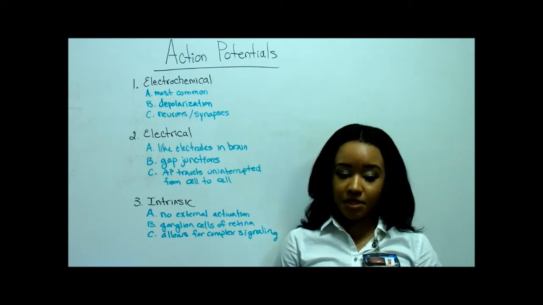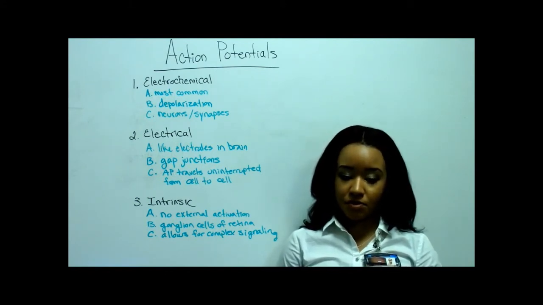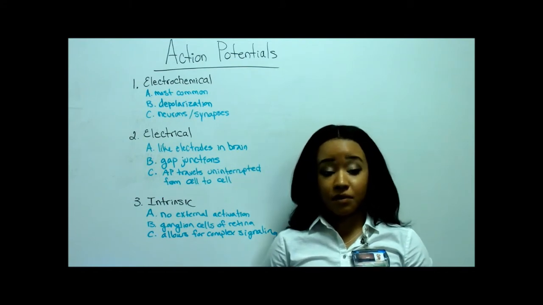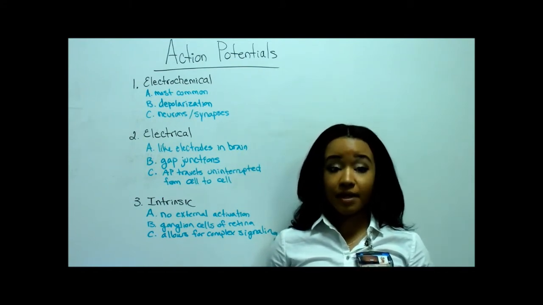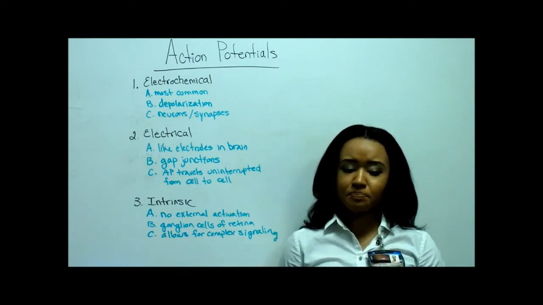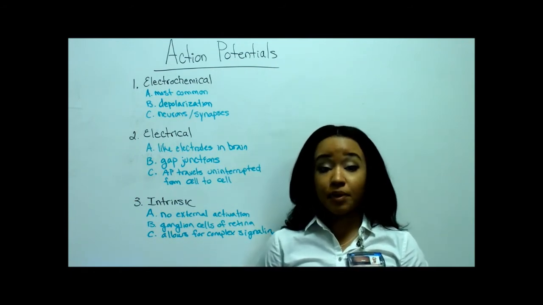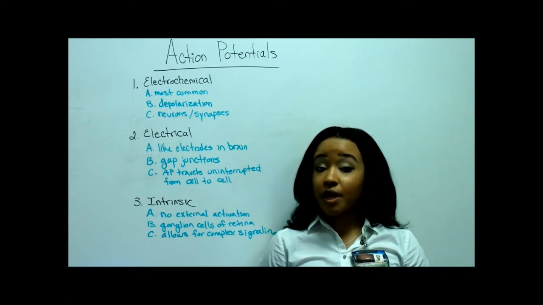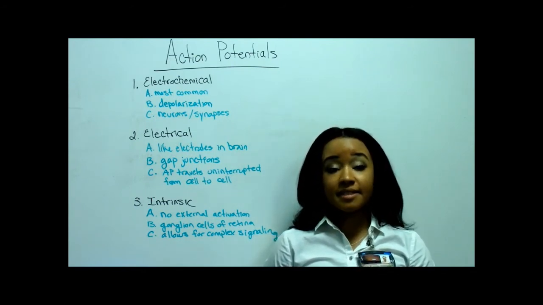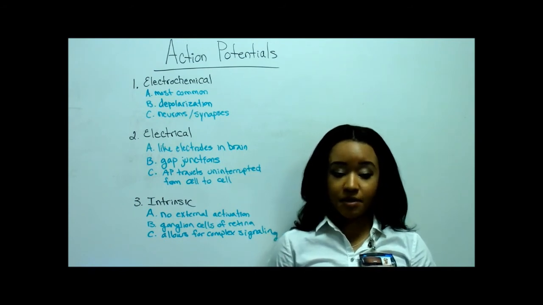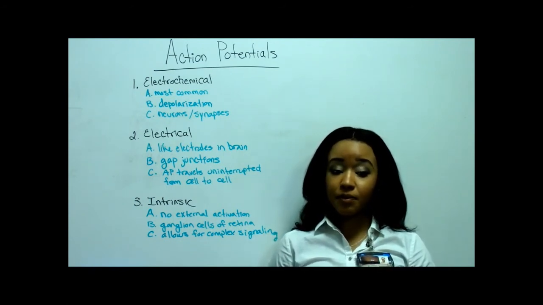Our last type of action potential is intrinsic action potentials. Ganglion cells of the retina encode varying degrees of color or brightness by firing at varying rates. Certain cells, such as bursting neurons of the hippocampus, do not require external activation to express action potentials. These cells have a unique phenotype that causes them to fire in periodic spikes or bursts.